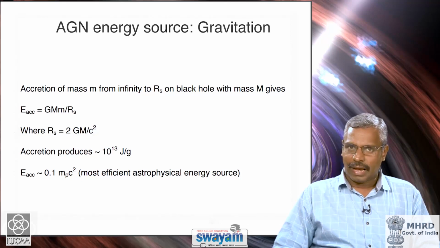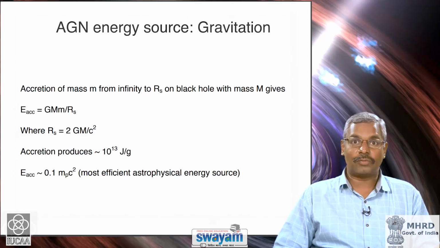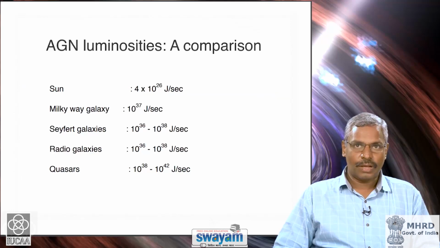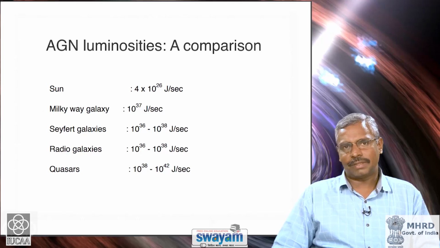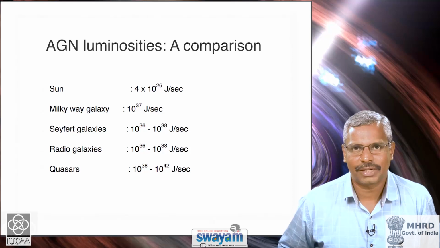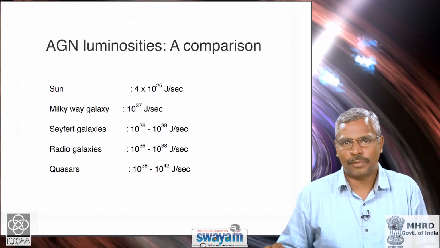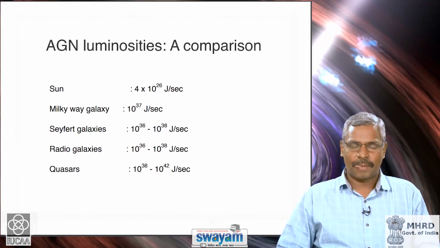So accretion, a very efficient process, is the mechanism in active galaxies, or active galactic nuclei, which refers to the nuclei of those galaxies. Now, a comparison of the luminosity produced by AGN compared with other objects: the Sun is around 10^26, whereas the most luminous AGN are of the order of 10^42 joules per second. So, they are much more luminous objects.